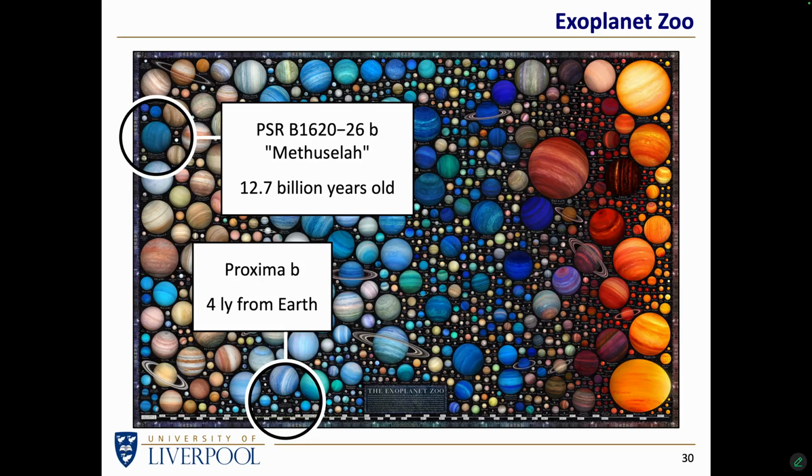So if the star is 12.7 billion years old, then the planet is as well. And this is going back a long way into the history of the universe. The universe is 13.8 billion years old. So this planet existed very early on in the early universe. So it looks like planets are not a recent invention, if you like. They're not a recent thing. Planets have been around almost as long as the universe has existed.